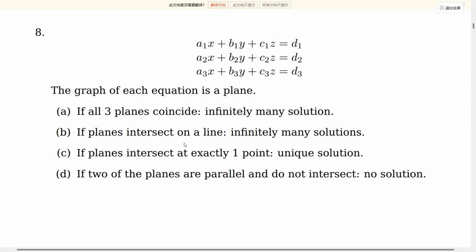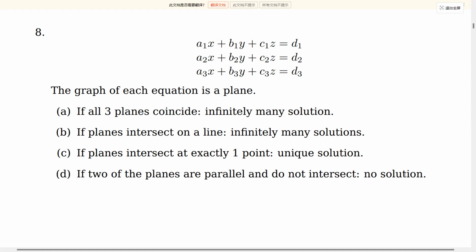If the planes intersect on a line, okay, that's what I said, you have infinitely many solutions. And those planes can intersect at exactly one point, and then you get a unique solution. They have no parallel planes or anything. If two planes are parallel and do not intersect, then there is no solution.